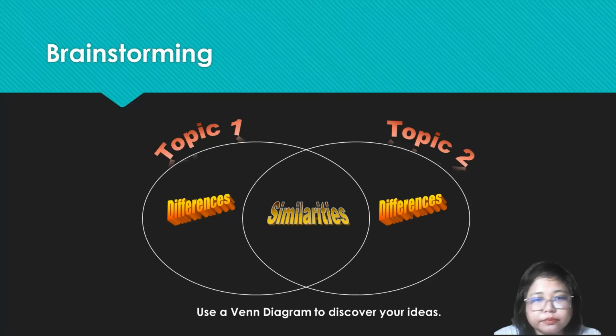You can choose whether you prefer to write the differences or the similarities. If you want to write the differences, it means you want to write a contrast paragraph. If you want to write similarities, it means you want to write a comparison paragraph.